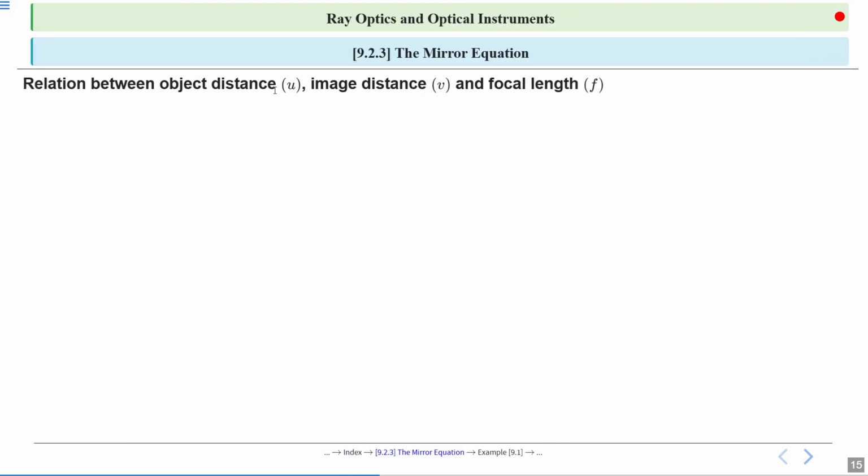So the relation between object distance u, image distance v, and focal length f. Simplifying, the negative and negative signs will get cancelled out, and this negative in the denominator will go in the numerator. It will become v minus f upon f equal to v upon u. Now multiply f on the right hand side. So v minus f equal to vf upon u.